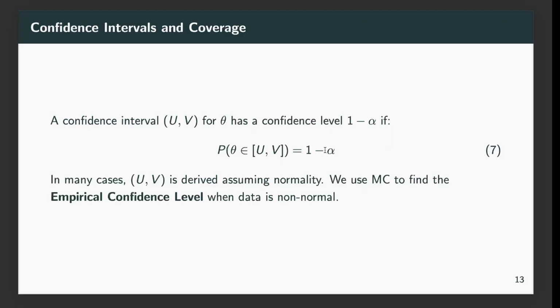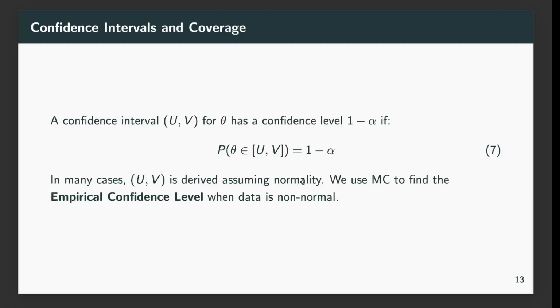In many cases the U and V are derived by assuming normality, and for example, we use alpha equal to 5%. So a 95% confidence interval should contain the true parameter with the probability of 0.95.